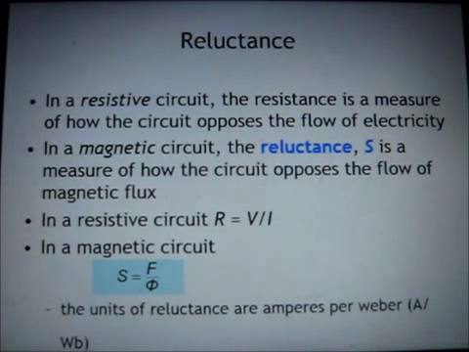The opposition to the flow of magnetic flux is termed reluctance, and it is denoted as S. In resistive circuits, R equals V by I, and similar to that, reluctance equals F, the magnetic force, by flux phi, and its unit is ampere per Weber.